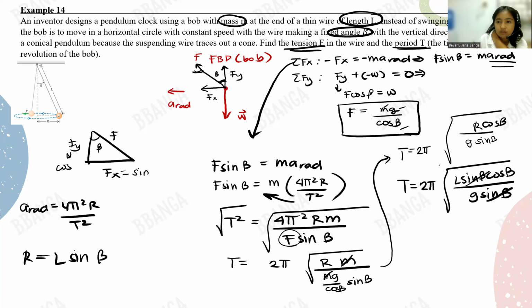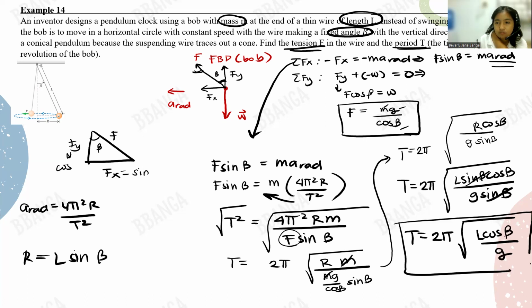So, cancel. Meron akong T is equal to 2 pi square root of L cosine beta over G. So, yan yung ating final na sagot. Ibig sabihin, pag binigyan ka ng length class, binigyan ka na ng beta, makukuha na yung sagot natin dito.